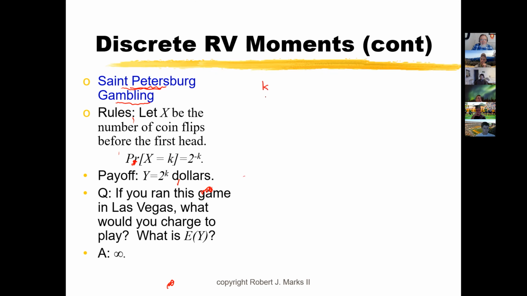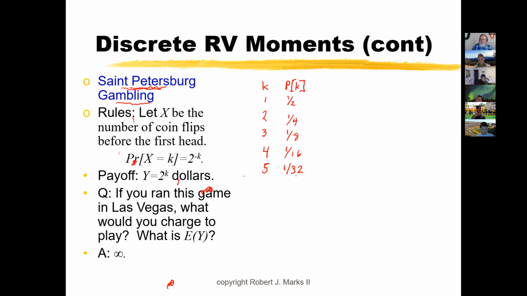Say that you had 1 flip, 2 flips, 3 flips, 4 flips, 5 flips, etc. And what's the probability of this happening? The probability of this happening is what? 1/2, 1/4, 1/8, correct? 1/16, 1/32.